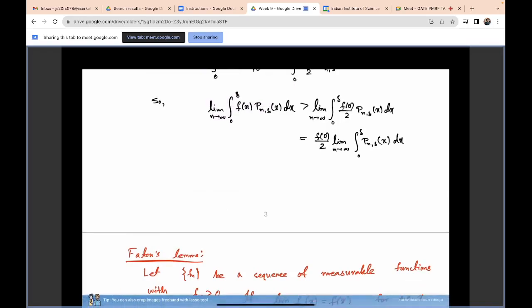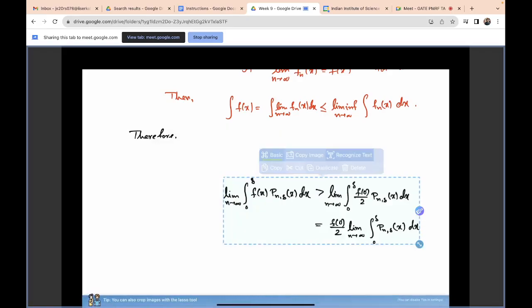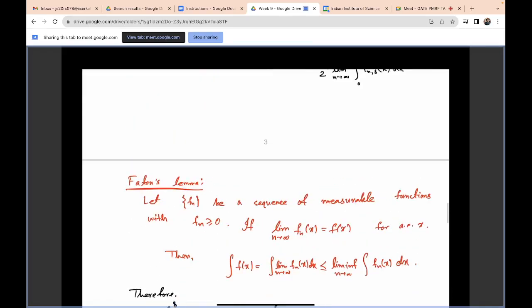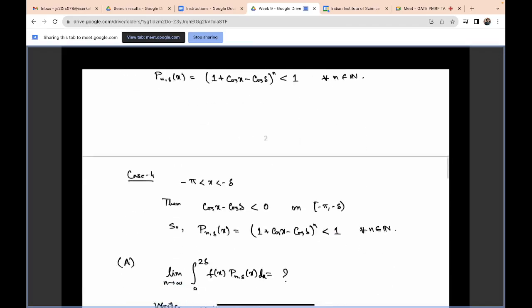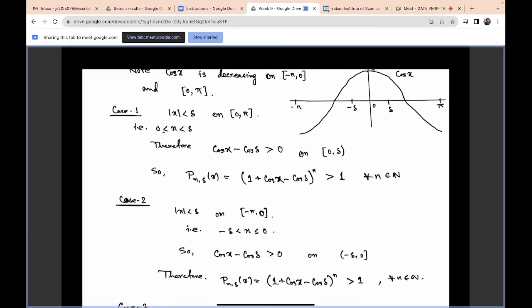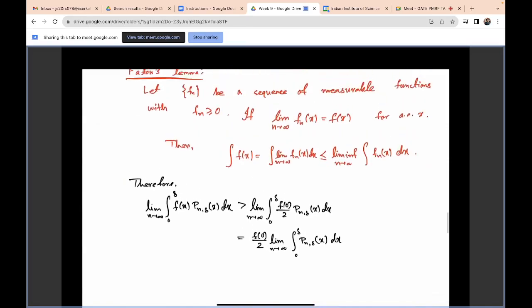Therefore, what we have, so now also note that in this region, what is the limit of P_n,delta? Note that P_n,delta is positive, so this is case 1, because P_n,delta is bigger than 1, so this is positive, so you can apply this Fatou's lemma.